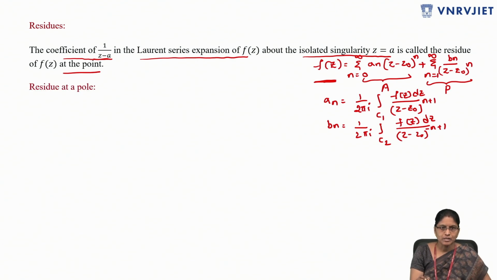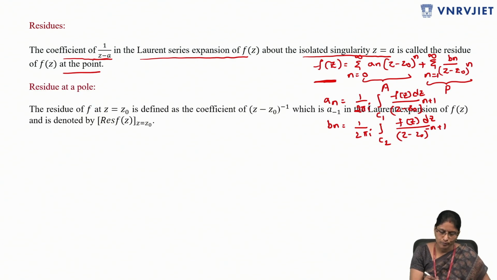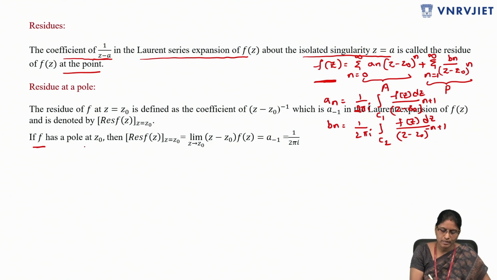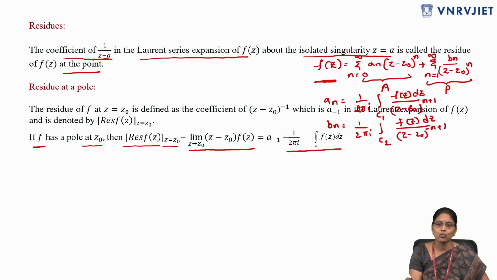Next definition is residue at the pole. If f has a pole at the point z naught, then the residue of the function f of z at the point z is equal to z naught is given by limit z tends to z naught, (z minus z naught) into f of z, which is equal to 1 by 2 pi i integral over c f of z dz.